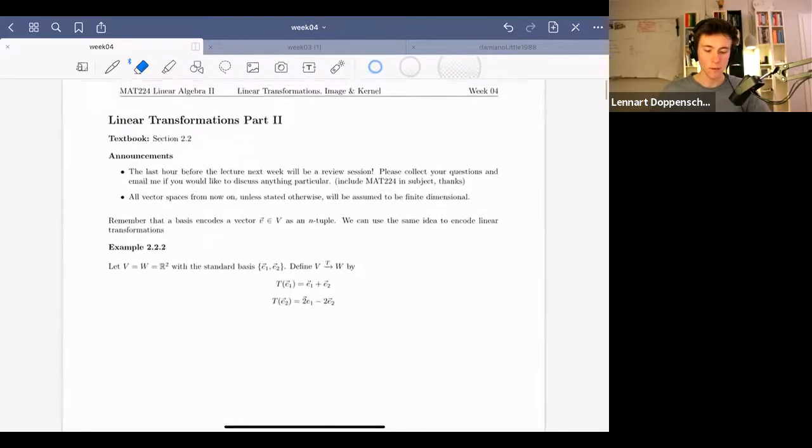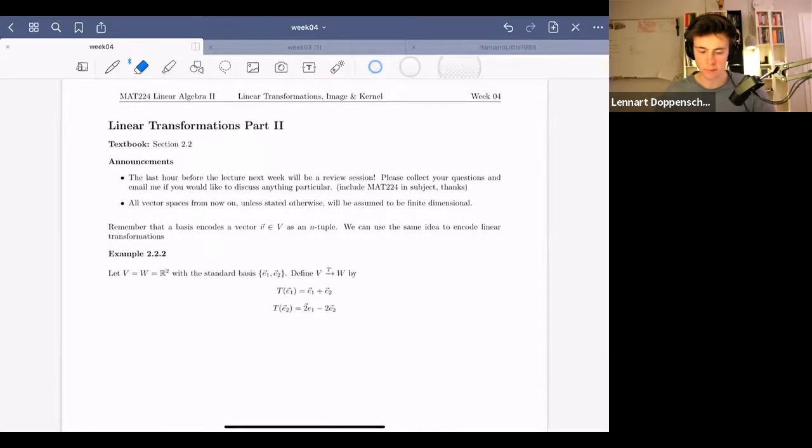So today we're going to continue transformations. In particular, in this section 2.2, we will focus on one important bit, which is encoding transformations as matrices. So we've just finished talking about how we have for every vector a coordinate vector, and this depends on a basis.